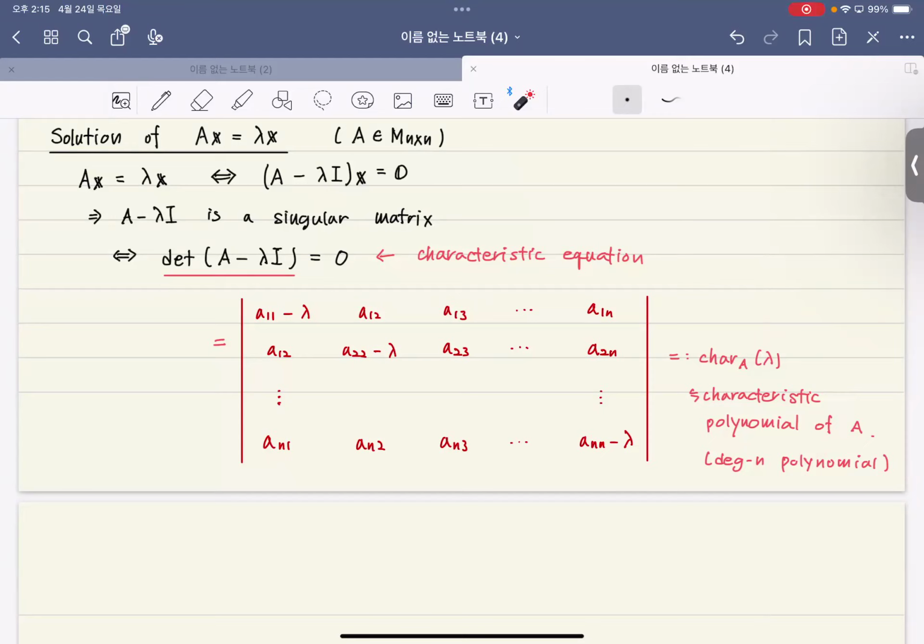You plug in your eigenvalue here, then A minus lambda I is going to be a singular matrix, and a vector in the null space of this matrix is going to be an eigenvector of the eigenvalue lambda.